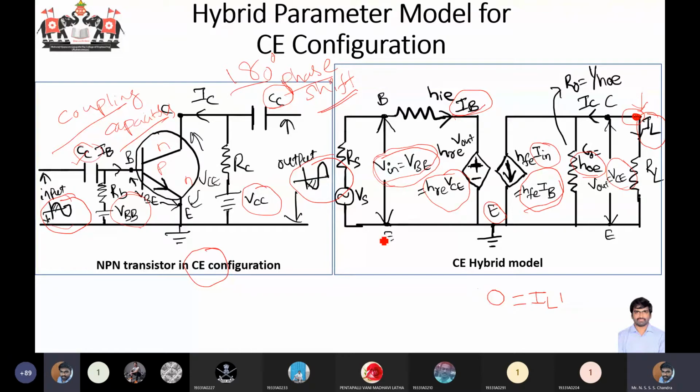IC. So IL plus IC. So this is your KCL: sum of incoming currents is equal to sum of outgoing currents. So 0 is equal to IL plus IC. So what will be your IL value? IL will be equal to minus IC. Okay, so load current IL is nothing but minus of IC.